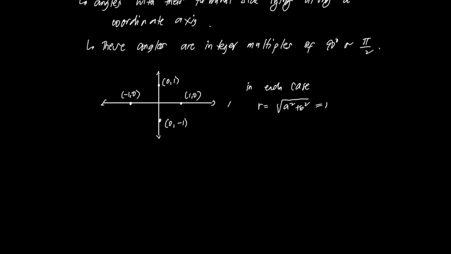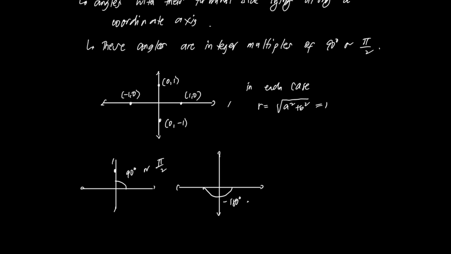So you can have angles that lie in here, which is 90 degrees or pi over 2, or an angle that is clockwise, which is negative 180 degrees or negative pi.